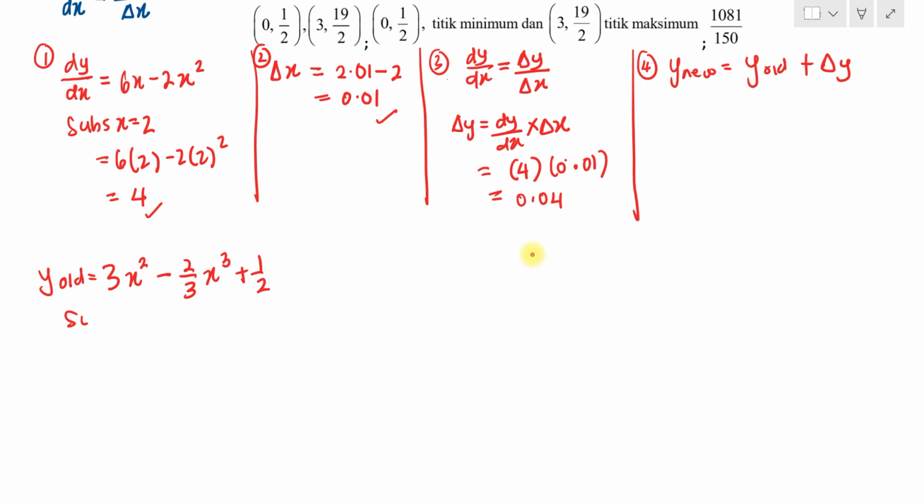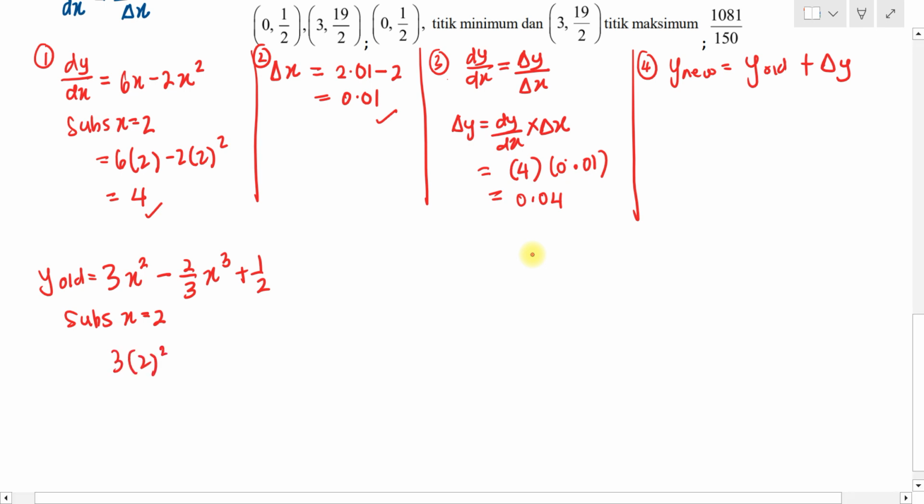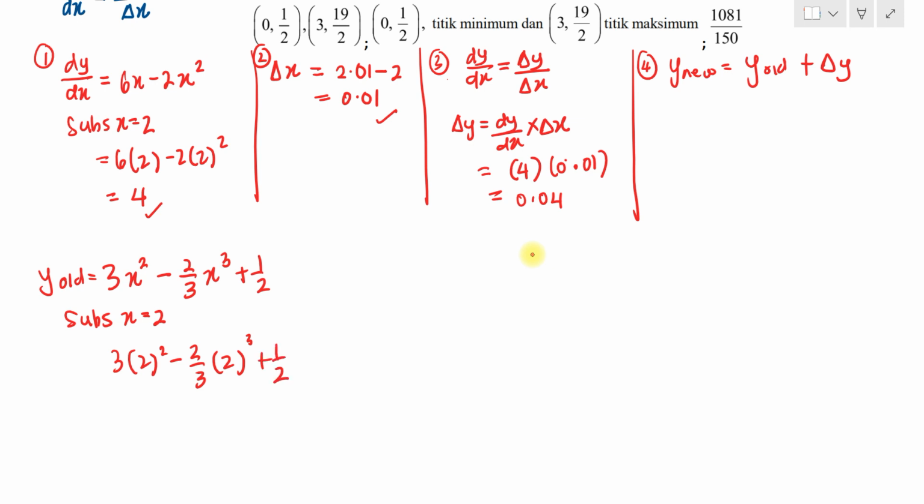And then you substitute x equal to 2 always. Okay, so what do you get? 3 times 2 square minus 2 over 3 times 2 cube plus half. Okay, let's calculate this. Just key in your calculator as you can see. When I do this, I'm getting 43 over 6.